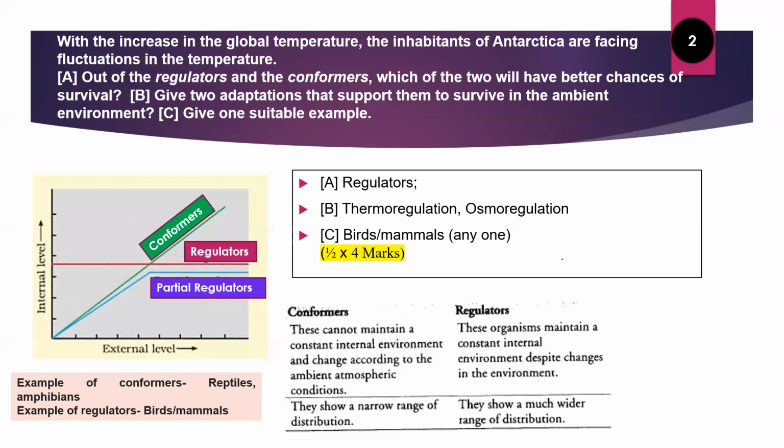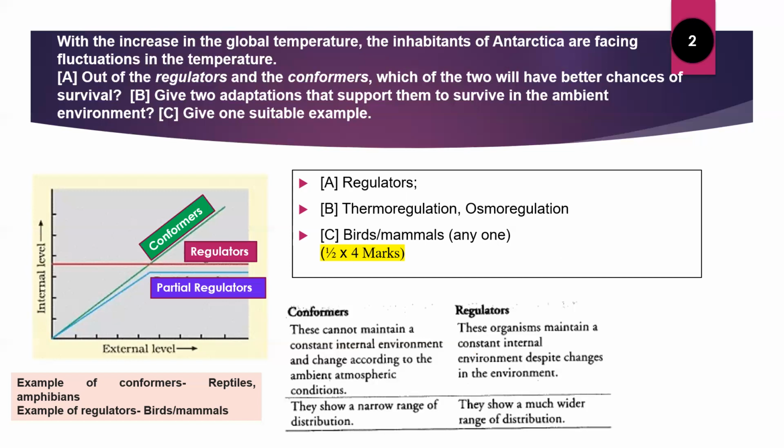So the organisms always try to maintain a homeostatic status. When they try, some of the organisms are able to maintain an internal environment despite changes in the outside environment. Those types of organisms are known as regulators.